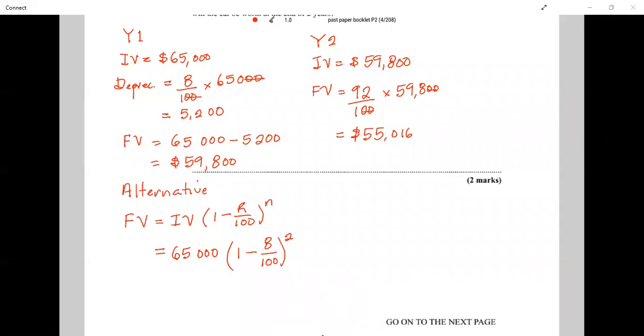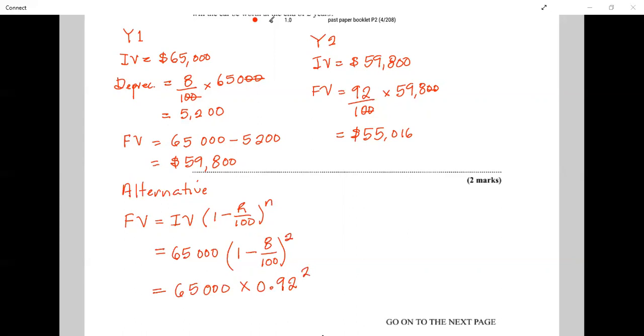So what we want to find out is the value of the vehicle at the end of year 2. So this is going to be 65,000. 8 divided by 100 is 0.08. 1 minus 0.08 would be 0.92 raised to the second power.